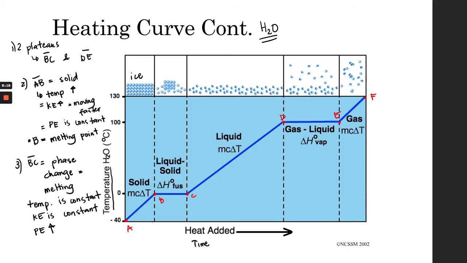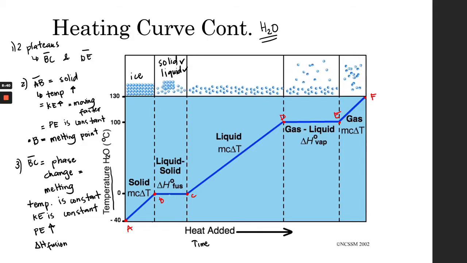In this case, both solid and liquid exist in this scenario. So the heat that is being added is what we call the heat of fusion, or delta H fusion.